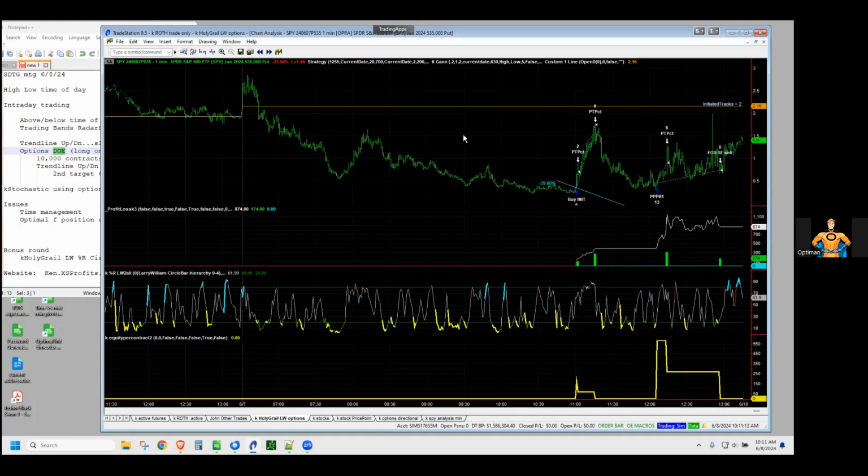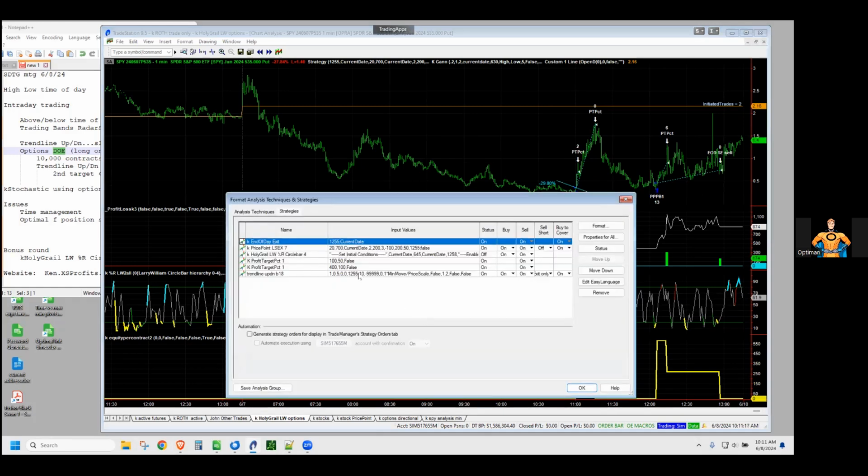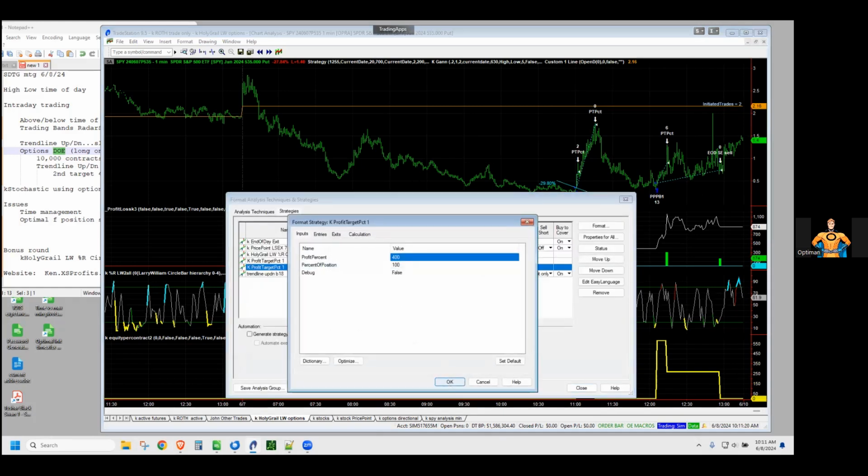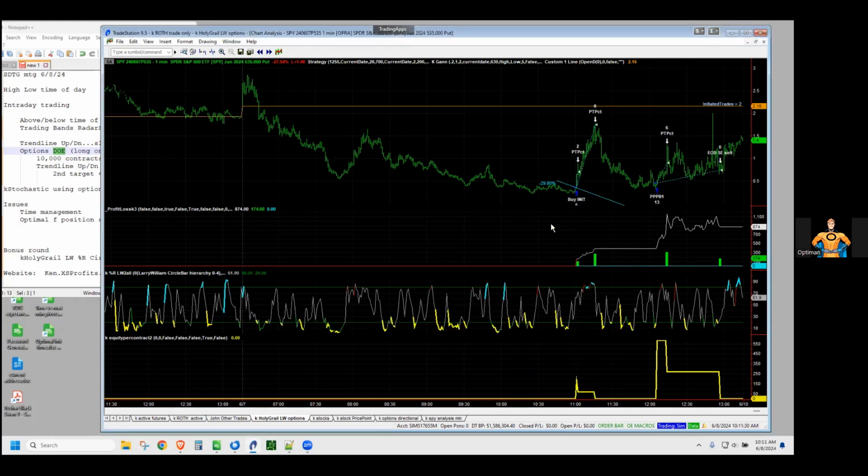But what I end up doing too is I also have another target, which is 400%. So I'll take the rest of that position and exit at 400%. So through this day, there are other opportunities in here to make more money, but this first profit target was 100%. This profit was a 400% profit.